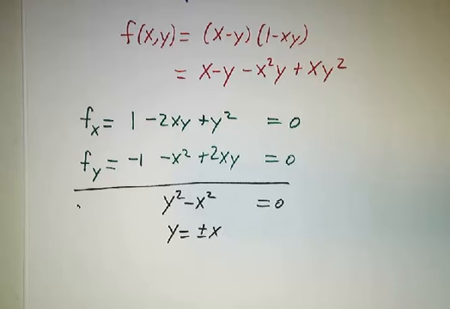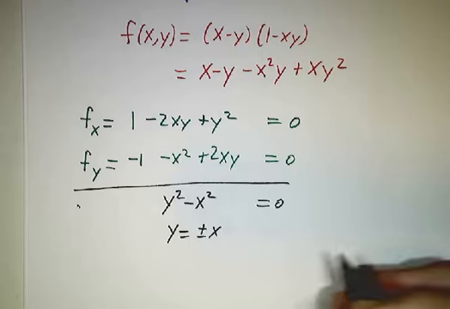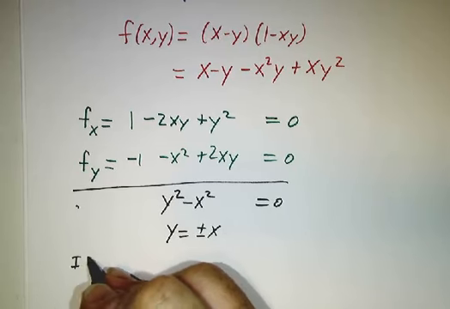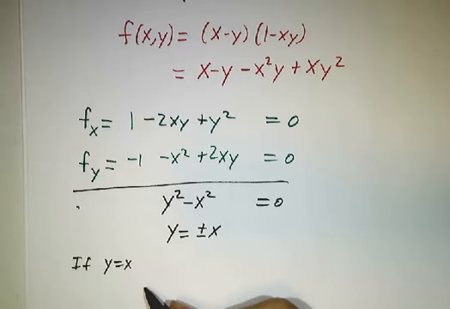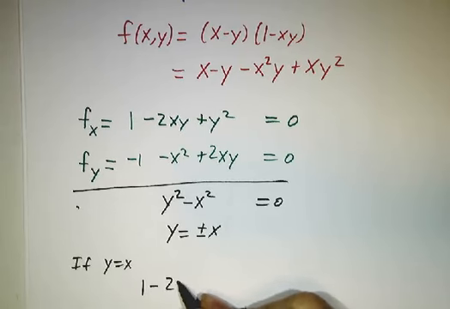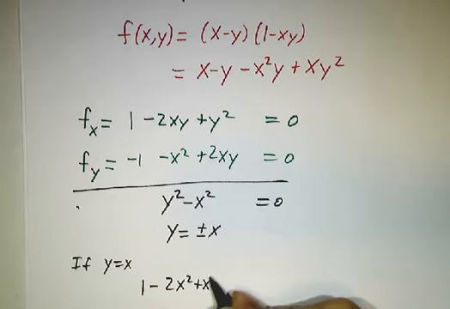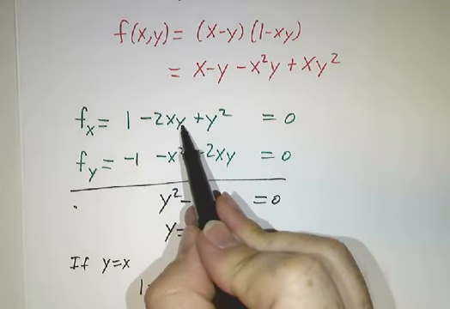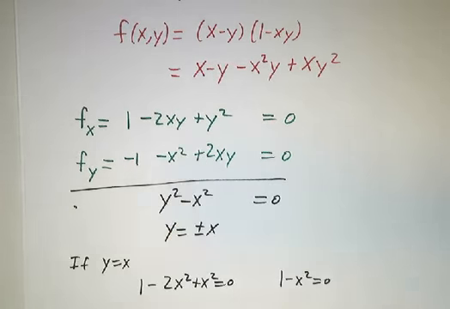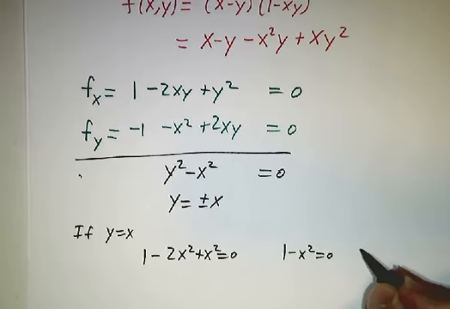First we're going to check things where y equals x, and then where y is minus x. If y equals x, then we want 1 minus 2x squared plus x squared to be 0. So that means 1 minus x squared is 0. I've just replaced a y with an x. And that means that x is equal to plus or minus 1.